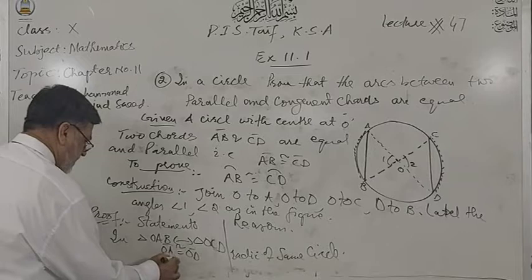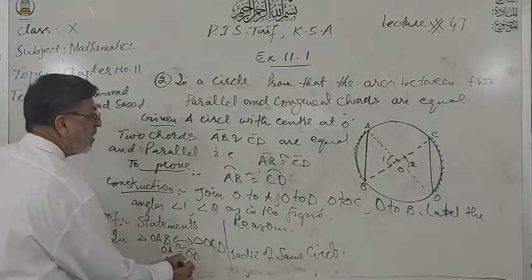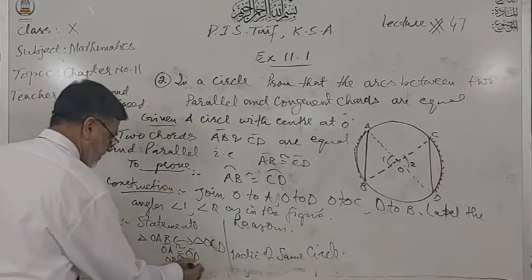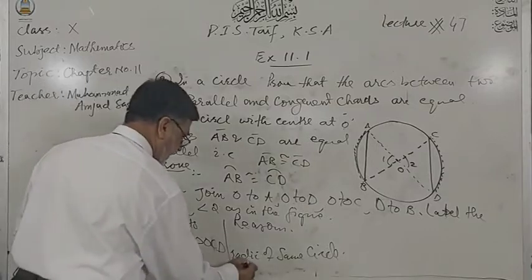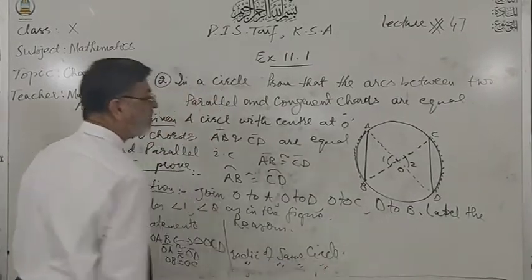And OB is congruent to OC, radii of same circle.